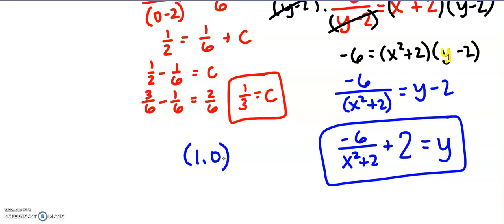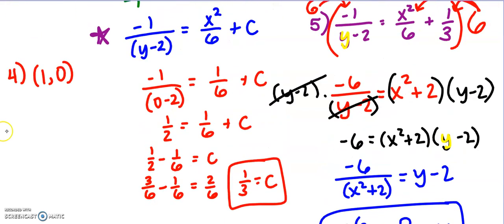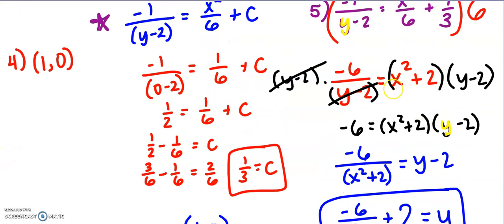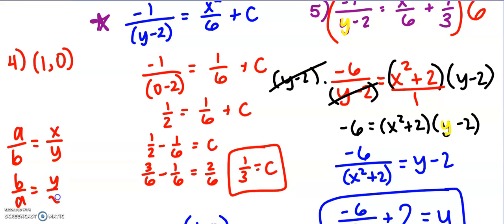Okay, now there might be some other manipulations with algebra that you can do to get this, all right? Some of you might have other little shortcuts and techniques. That's fine. What I want you to recognize is from this part in red, before I multiplied both sides, this is really like x squared plus 2 over 1. So you can do a little cross multiply if you like that. You could also remember from geometry days when we do proportions, a over b being equal to x over y is the same thing as b over a being equal to y over x.